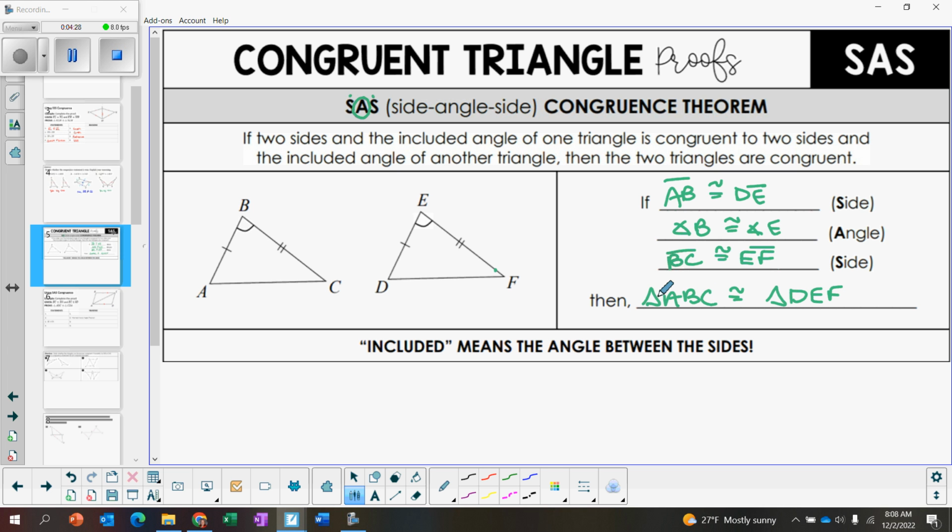All right. If this angle is not between them, say it was over here, there's an S here, an S here, the A is here, that means this A is not between those two S's and it does not count as SAS.